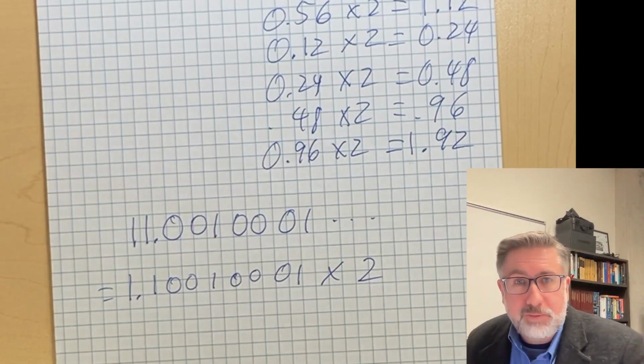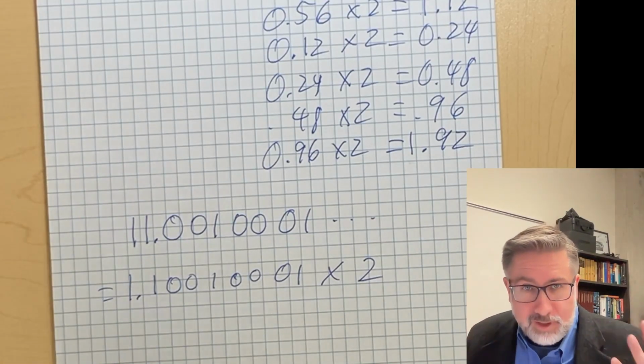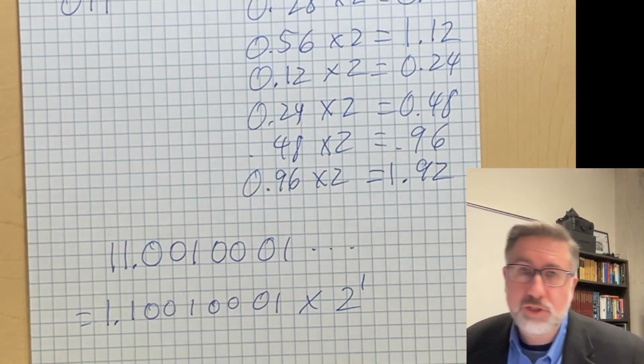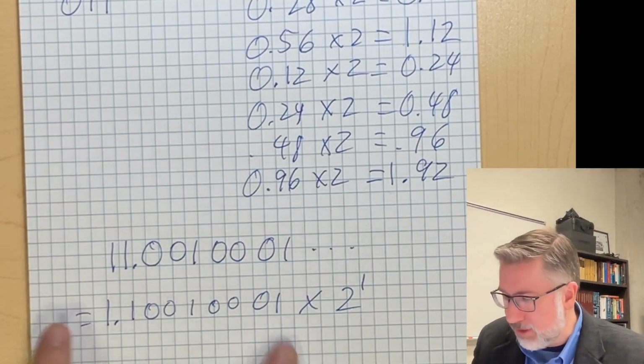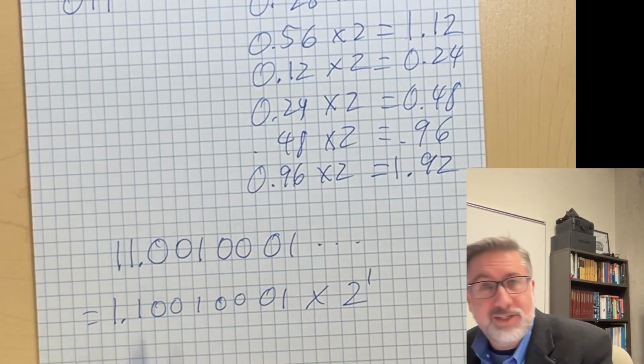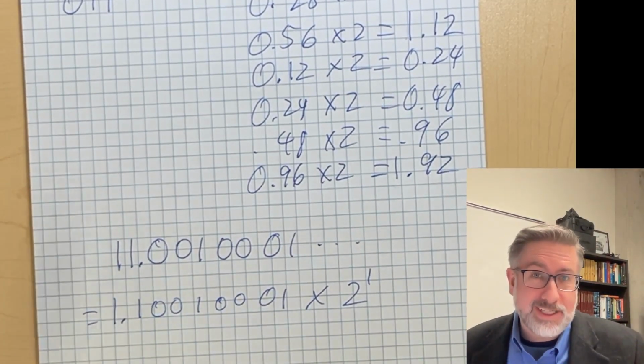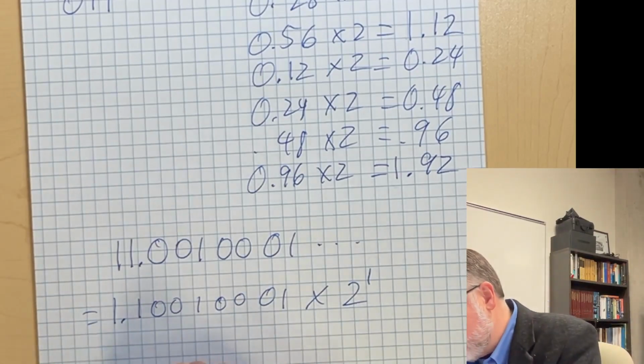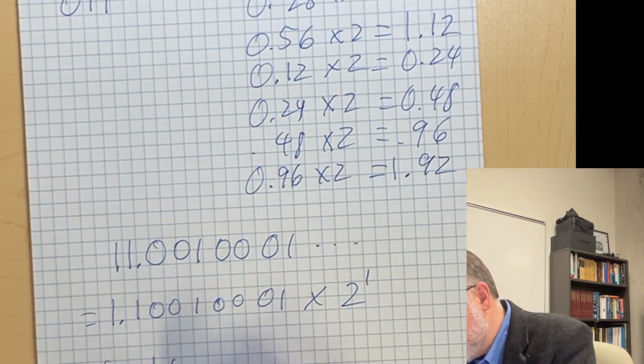So we're multiplying it by some positive exponent of 2. In fact, 2 to the positive 1. Okay? So that's the number that we're representing. Now our mantissa is going to be just the first 4 bits. That's all we can represent. So our mantissa, our significand, is 1001.